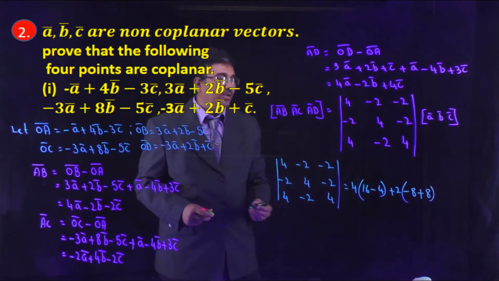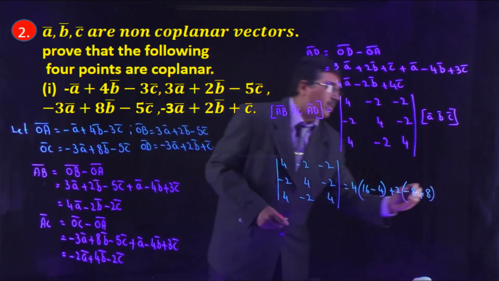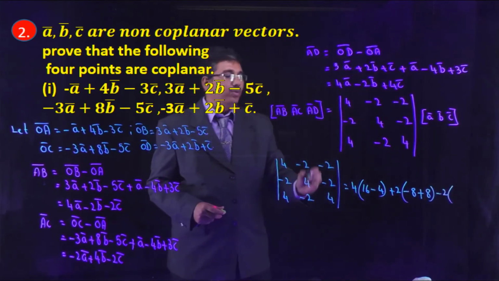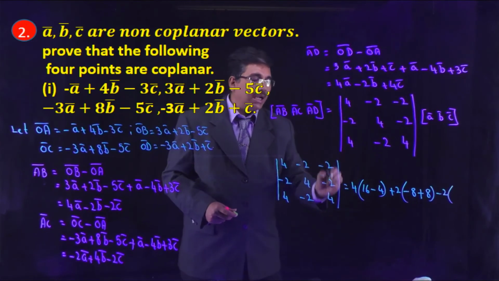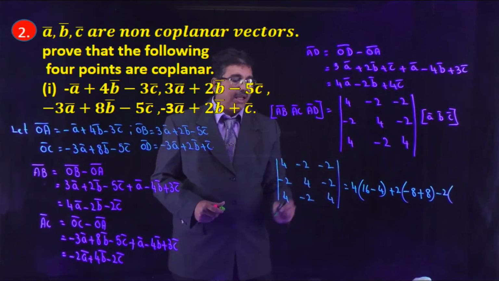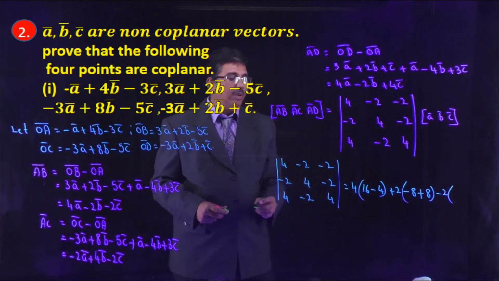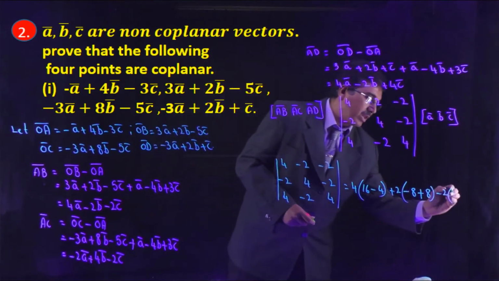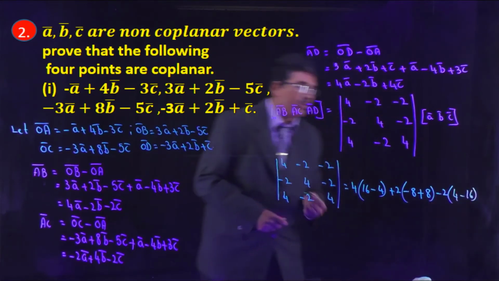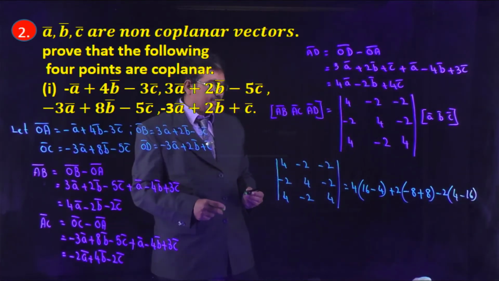Okay, now this is minus 2 into minus 2 into, now delete this row and this column, we get a 2 by 2 determinant, minus 2 into minus 2 gives 4, minus 4 into 4, that is 16, right?